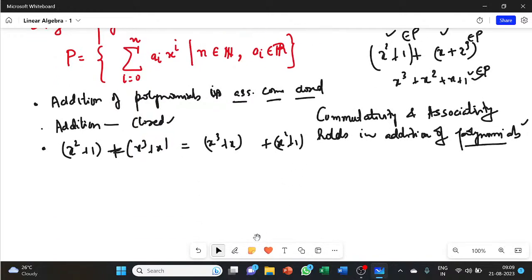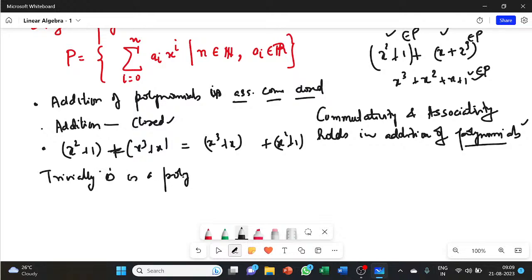We also understand that trivially 0 is a polynomial. If I take all these a_i's as 0, then 0 is also a polynomial, and this would be an identity for that matter.